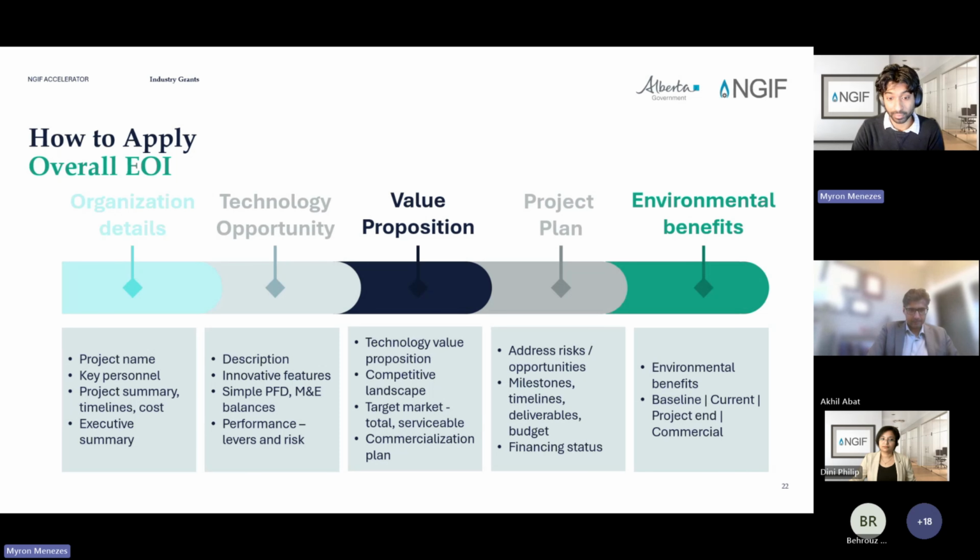The third is the value proposition and the addressable market and the end result for adopters. The fourth is the project plan, which alludes to the project baseline, so the scope, cost, and timelines. The last is the environmental benefits. How much methane emissions can you reduce given the scope of the project, in a 1-year timeline, and when it becomes commercial.